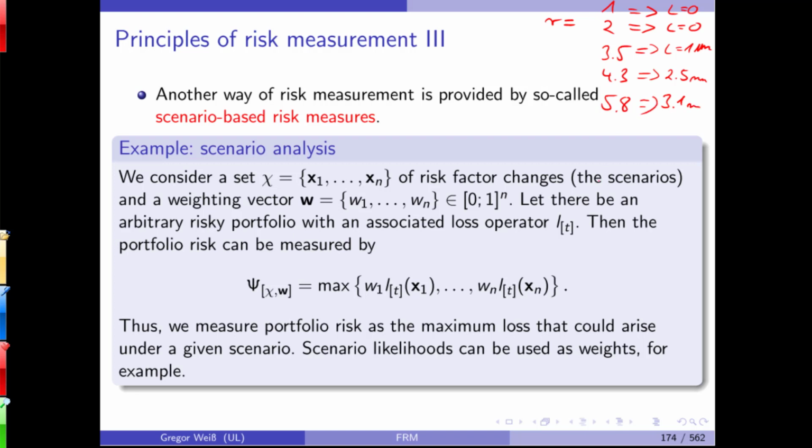Then I would weight these scenarios, maybe 10%, 20%, 30%, 20%, 20%, and then I'll calculate the different losses, take the maximum of the weighted losses, and that's my risk metric. That's my risk measure. This is a scenario-based analysis.